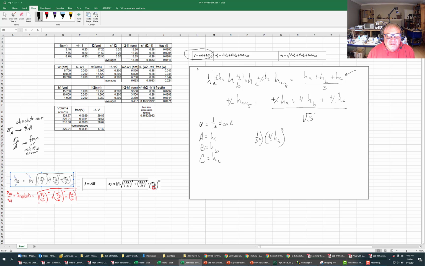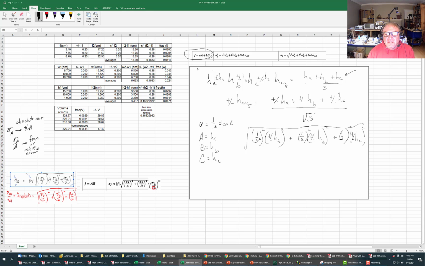We can put that like this if we like, because you see there's the a squared up there, plus 1/3 squared plus minus hb squared, plus 1/3 once again squared times plus minus hc squared, and then I square root it.